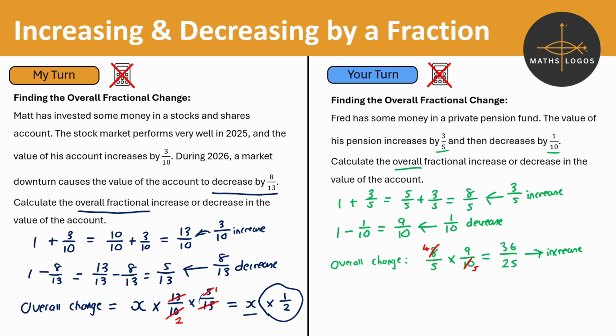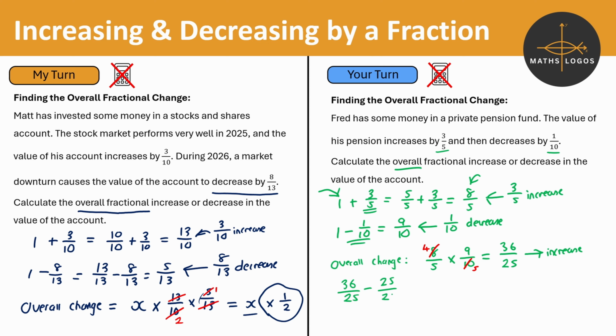But to work out what fractional increase that is, I'm going to take the 36 over 25. And you could think of it as kind of undoing this step that we did over here. To get our fractional increase, I did 1 add the fraction. And what I want to do is work out what this fraction was. And of course, to do that, I would need to take away 1 from this. So I'm going to take away 1.